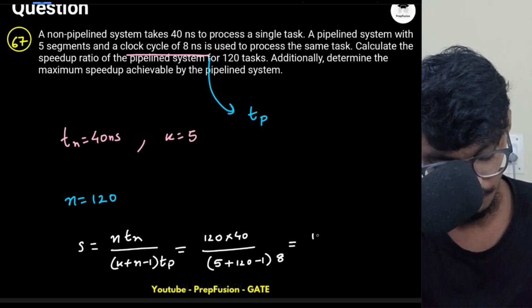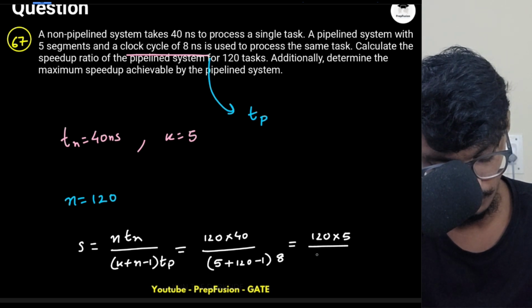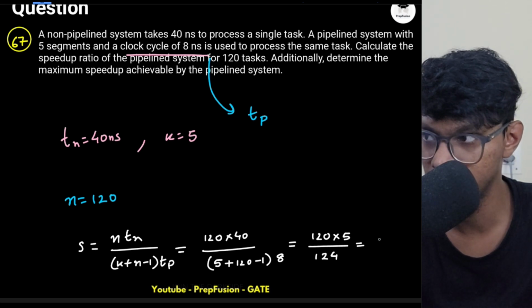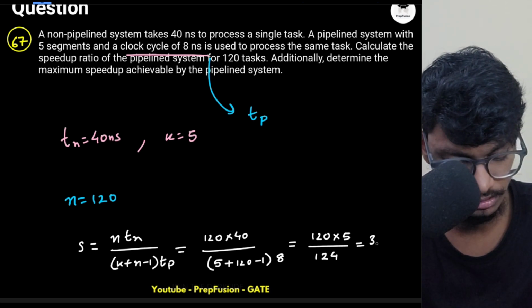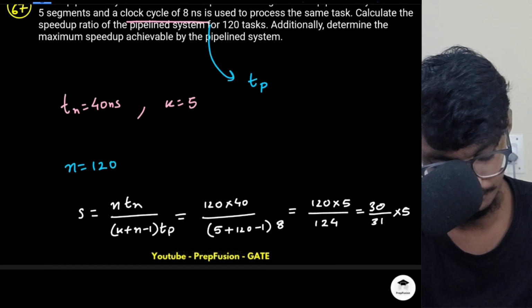So this will be 120 into 40 divided by 124 into 8, which simplifies to 4 into 30 divided by 31 into 5.